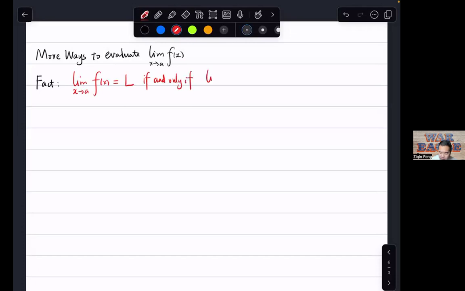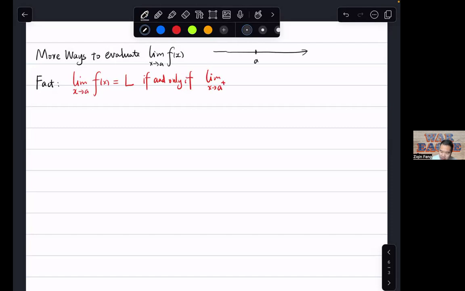And on the right side, as x goes to a plus, recall that a plus means greater than a, but getting closer and closer to a. So that's the meaning of a plus. If you want to sketch it using a graph, you have fixed point a here.